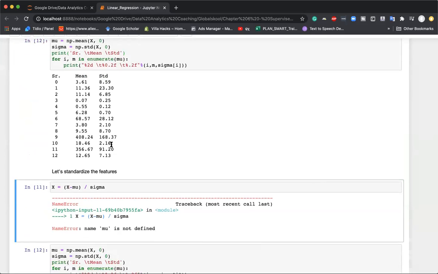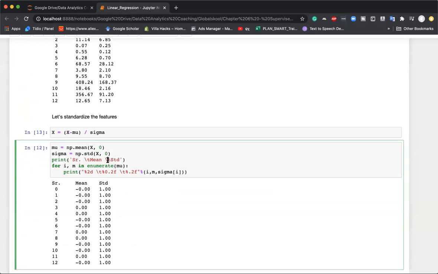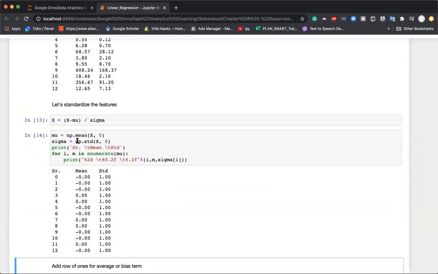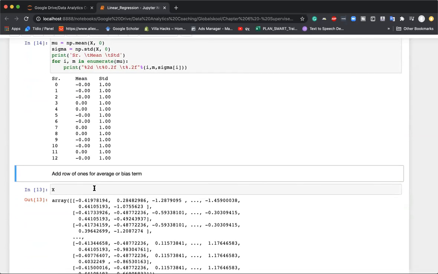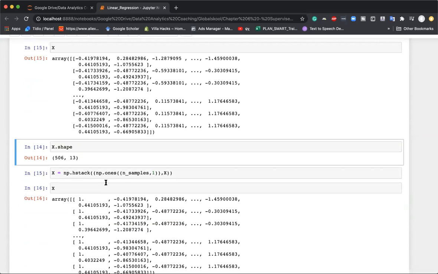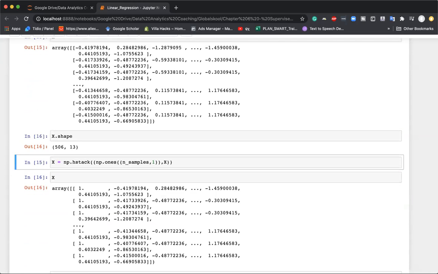If we do that, and then now when we see the mean and sigma of the new distribution, we can see that the mean and sigma for all of our distribution look like 0 and 1. So 0 mean for all the columns and 1 standard deviation for all the columns as well. And this is how our new data, that is our processed data, looks like. It has the same shape as before.